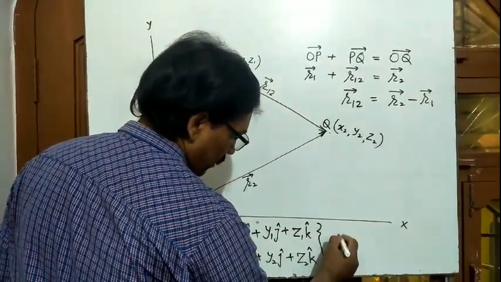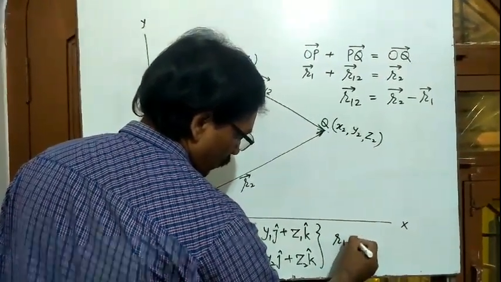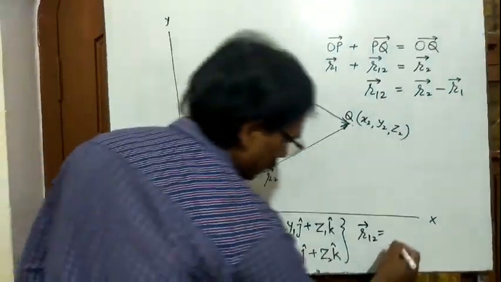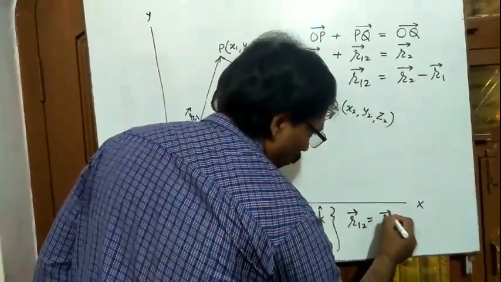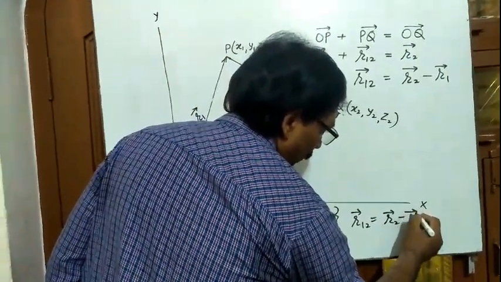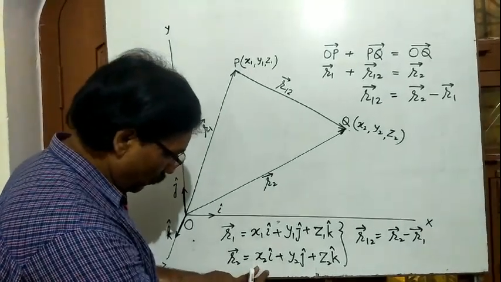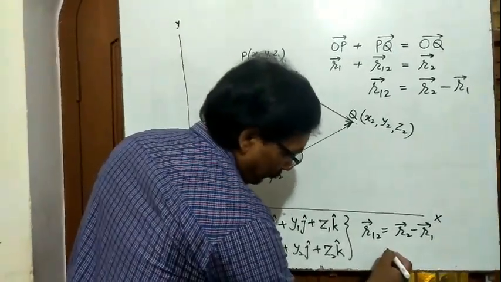From here, this vector R12 will be equal to vector r2 minus vector r1. Now put the values. This is x2 minus x1, take i common.